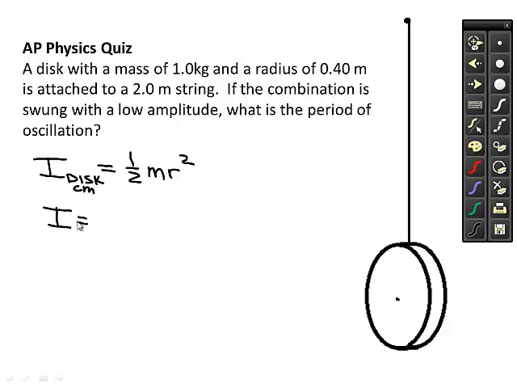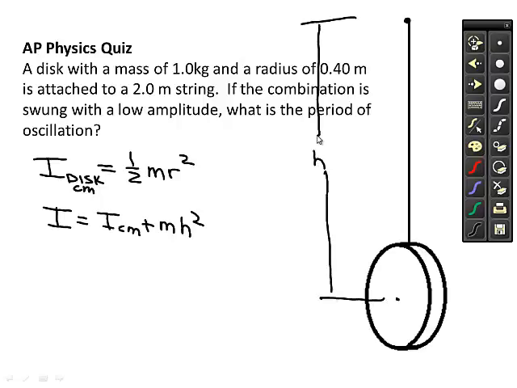So the I for the pendulum is going to be I_CM plus M H squared. Remember, H is from the center of mass to the new pivot point. So you said 3.1? Yep. That's what I got, 3.1 seconds.